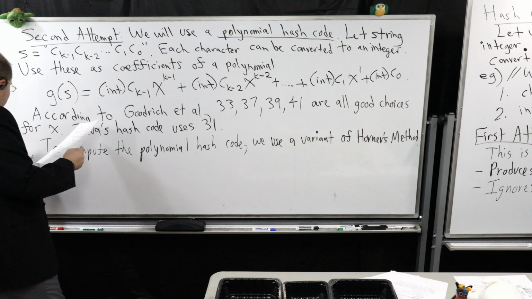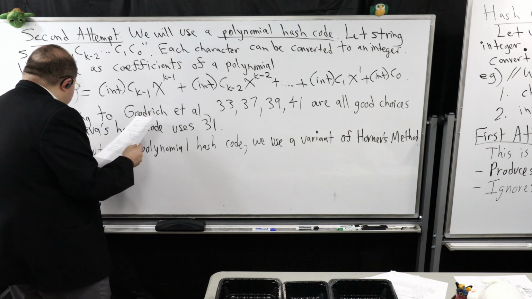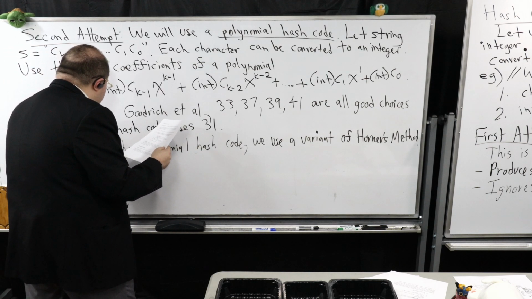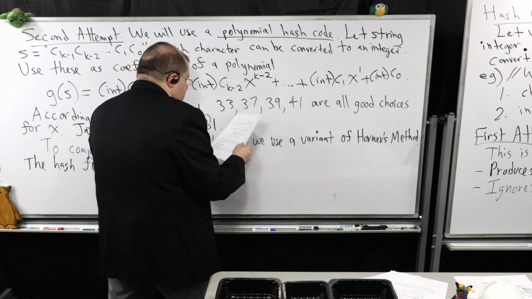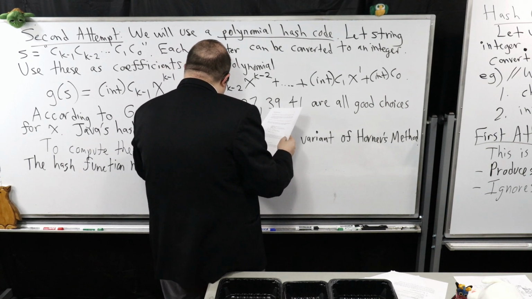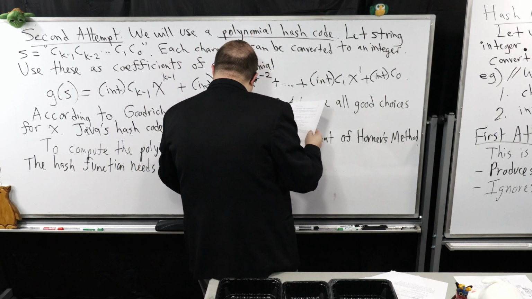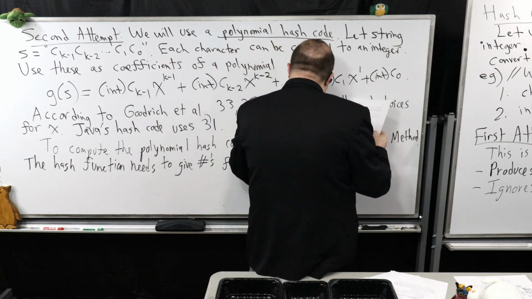The hash function needs to give numbers from 0 to capital M minus 1.